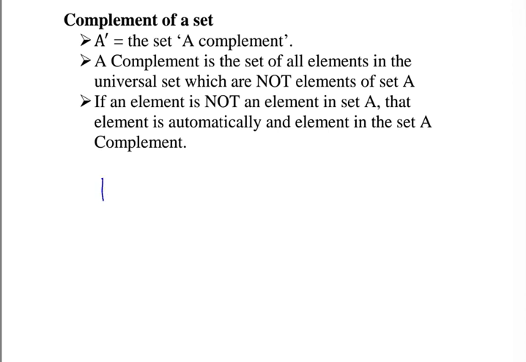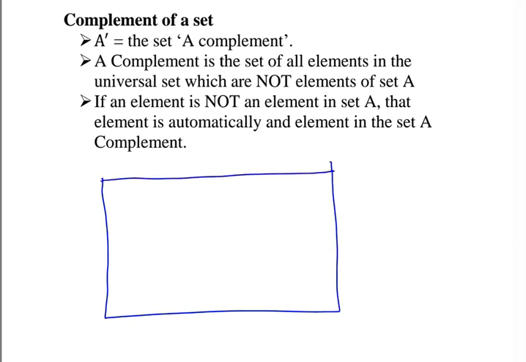So let's illustrate a Venn diagram. Drawing everything freehand here, so it might not be so perfect. All right, so there's a rectangle representing my universal set. Inside the universal set, I have, let's say, my set A. All elements which are elements of set A would be somewhere in this circle.